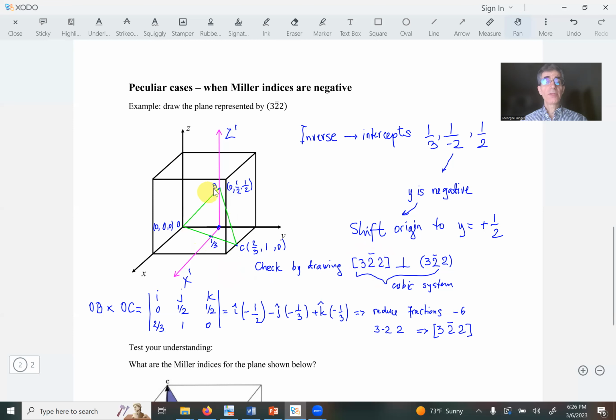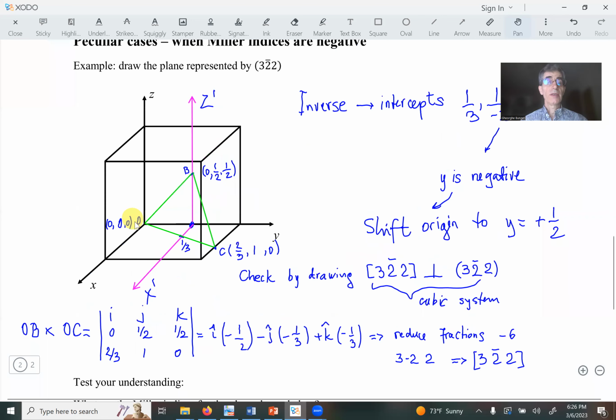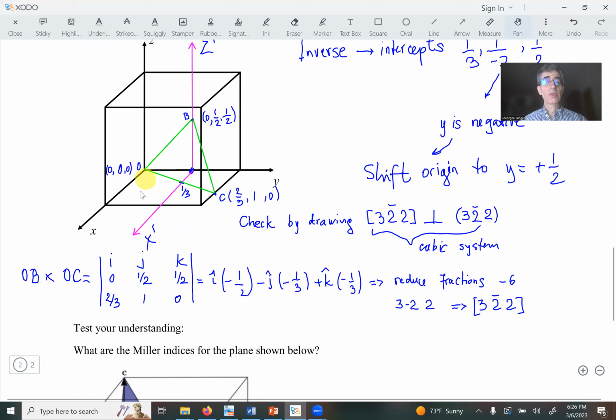So if this is our plane here and this is our original frame there, XYZ, and we saw the plane intersecting, we have these 3 points, O, B, and C. We can take any other points, as a matter of fact, but suppose we have these, and these points have these coordinates. This is the first origin, and this is point B. It's easy to find the coordinates there.